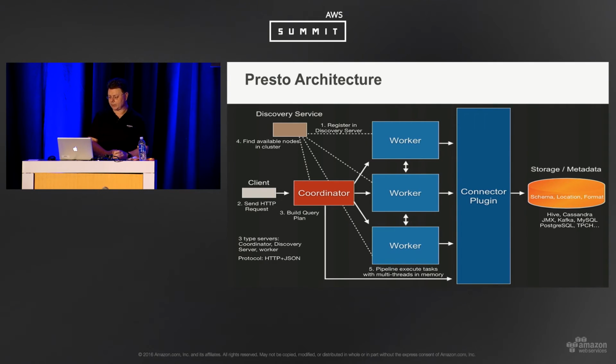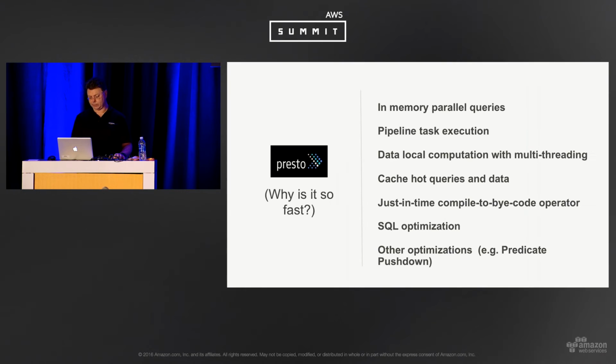The client sends the query, the coordinator builds the query plan, distributes it to the workers. The workers execute the tasks underlying the query in a pipelined fashion, running in a multi-threaded manner. And then using a variety of plugins is able to work with the data in a variety of storage or persistence forms.